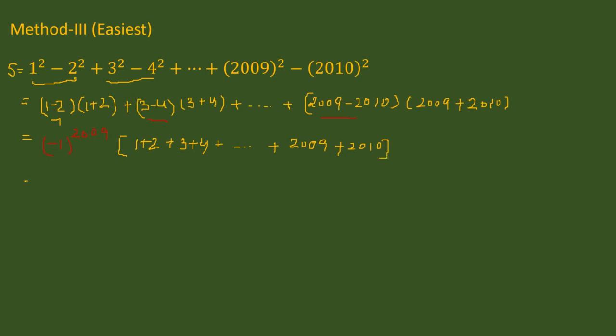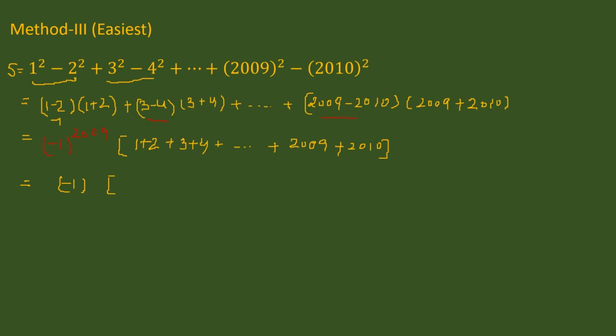Minus 1 raised to an odd power is minus, and the portion in the square bracket is the sum of the first n natural numbers, where n is 2010 here.